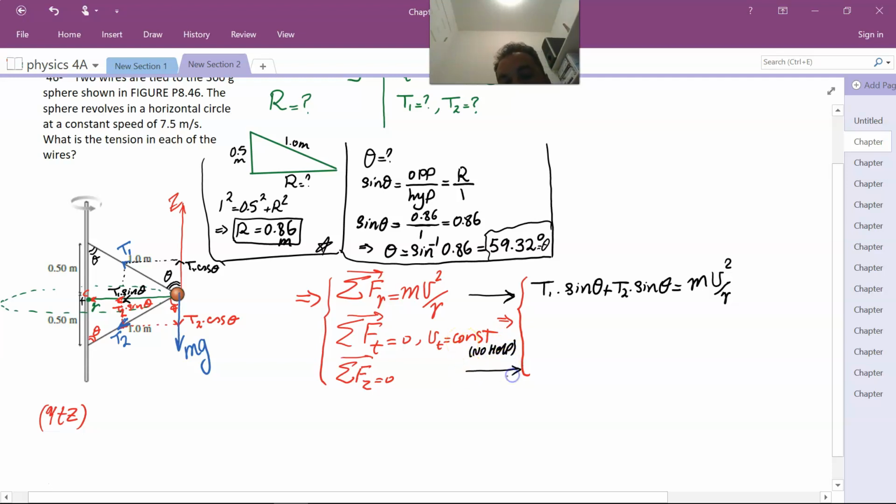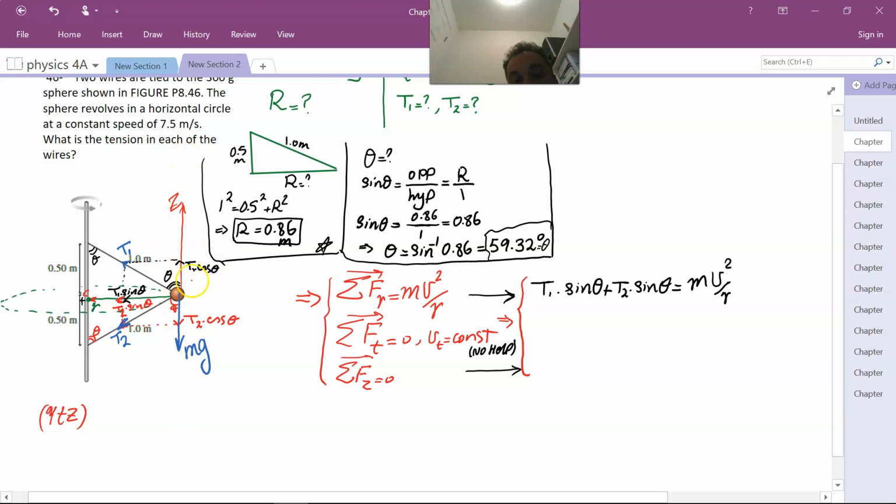What about the third one? How many forces do I have on the z-axis? I have T1 cosine theta, T2 cosine theta, and mg. Anything up is positive, down is negative.